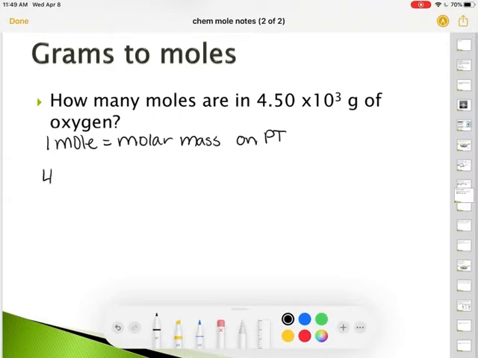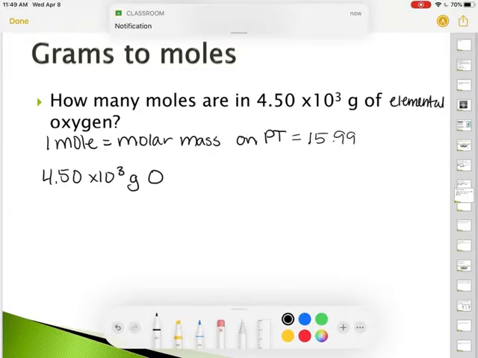Okay, if I have 4.50 times 10 to the 3 grams of oxygen. So of oxygen, I'm going to say it's elemental oxygen, not oxygen gas. So 1 mole of oxygen is equal to its mass on the periodic table, which is 15.999 grams.